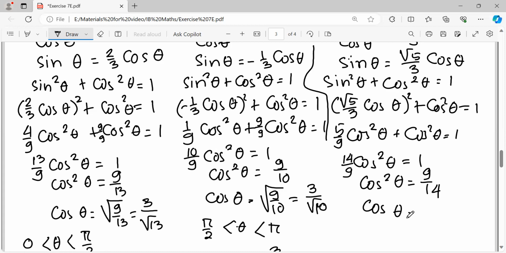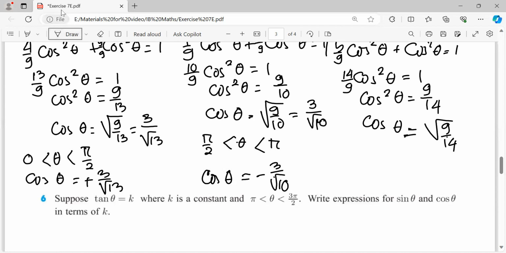Cosine theta equals square root 9 over 14, and we can simplify that: cosine theta equals 3 over square root 14.